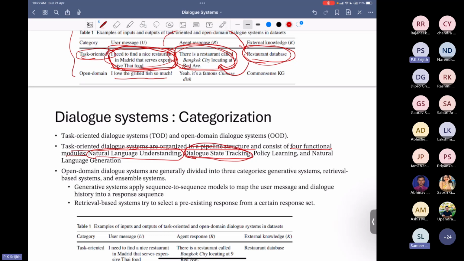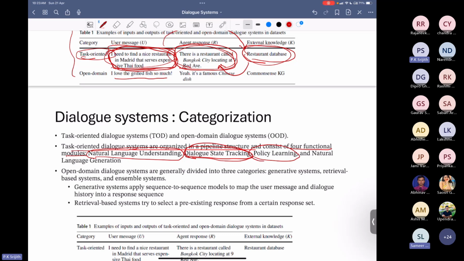So now after a few conversations with the user, the agent will have complete information about all the things that the user requires with respect to a restaurant booking. And once it has all the required information, then it makes an action. The action could be querying an appropriate database and getting some restaurant name. It has to perform some action. And what action to be performed is determined by this module, which is known as policy learning.